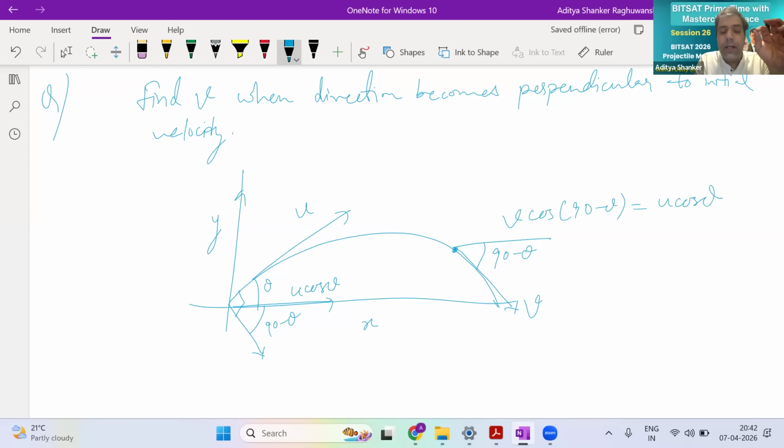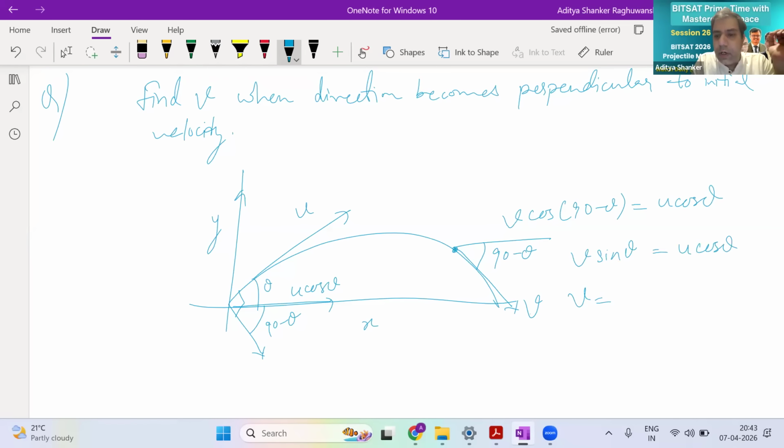Here I am using the concept that horizontal velocity doesn't change at all. It remains constant. Now, v cos(90 minus theta) is v sin theta, equal to u cos theta.